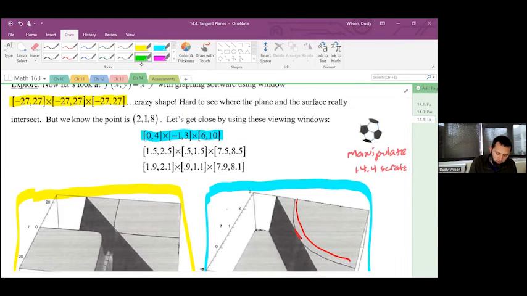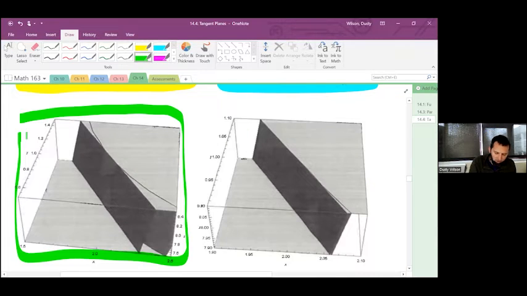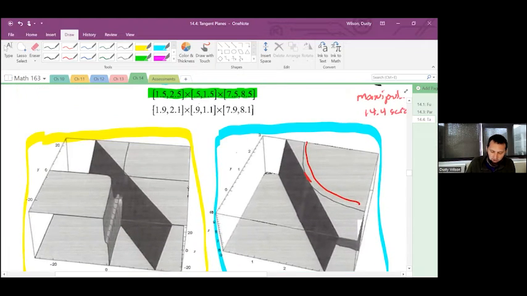And then we could go from 1.5 to 2.5 in the x, 0.5 to 1.5 in the y, 7.5 to 8.5 in the z. And again, you're seeing that center section is starting to look flat, in the vertical part. Okay, as we zoom in, things look flatter and flatter.